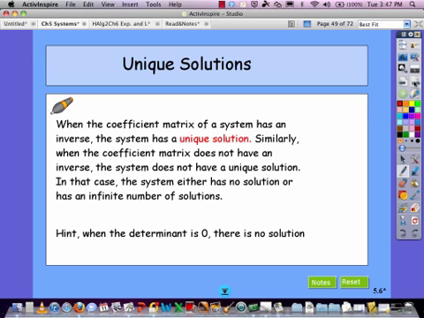Now, this is basically saying that in our solutions, we usually got an XY ordered pair. We got things like lines parallel, so we would say no solution. And then we would get infinite because we had lines graphed on top of each other, and all points were the same, so we would say infinite solutions.